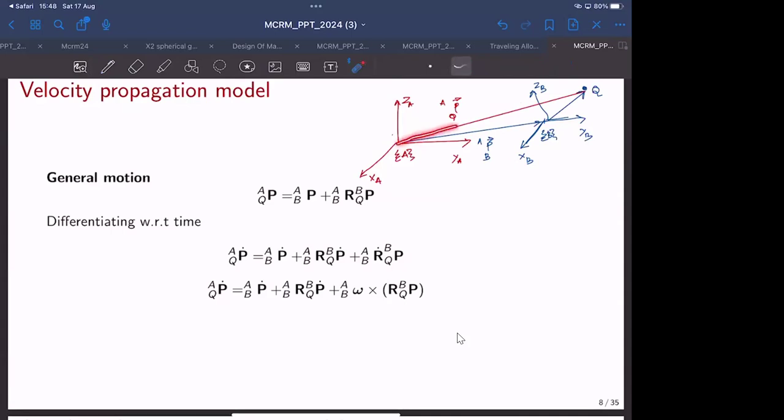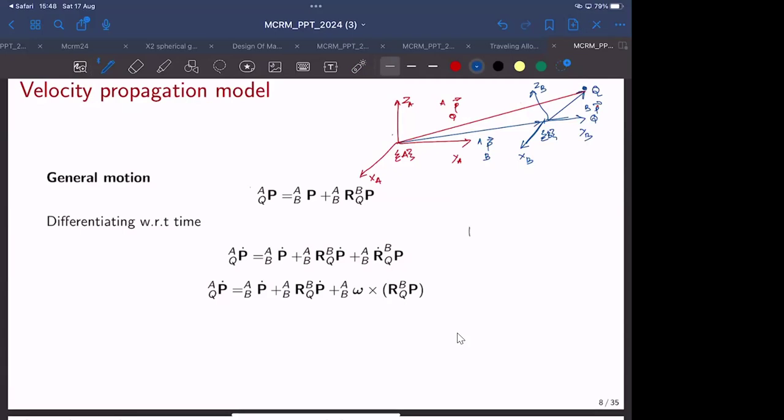So the position vector of Q with respect to A is the position vector of frame B with respect to A plus the position vector of Q with respect to B. So if you simply write this vector equation, this is what you get.